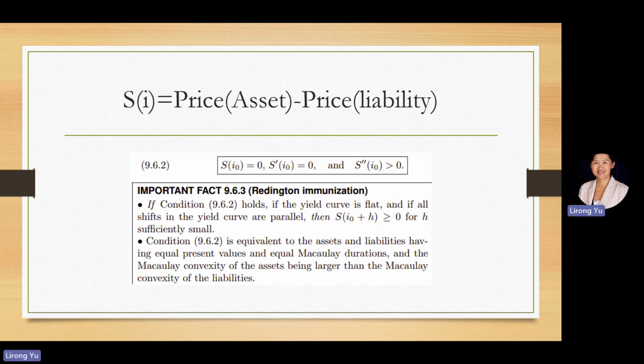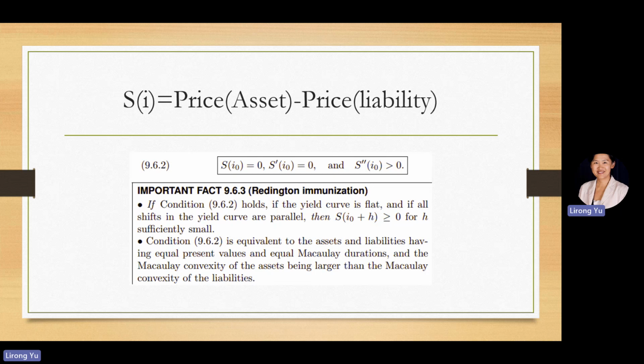If condition 9.6.2 holds, and the yield curve is flat, we will see that S(i0 + h) is higher than 0 for small h. Basically, the present value of the asset will always be higher than the present value of the liability. That means we will always have the ability to pay for the liability. We have enough asset to cover the liability.